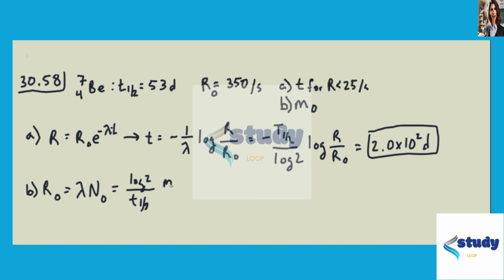And then the number of atoms we had is going to be the starting mass times Avogadro's number in atoms per mole divided by the mass number in grams per mole, and so the per moles on top and bottom cancel out.